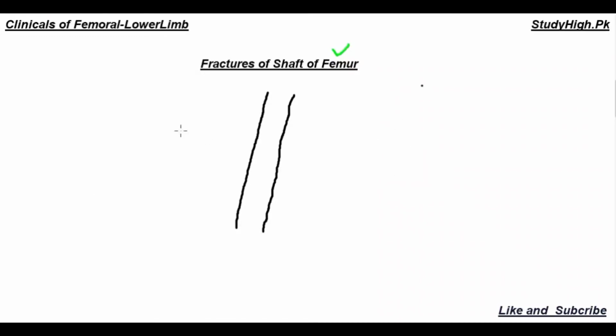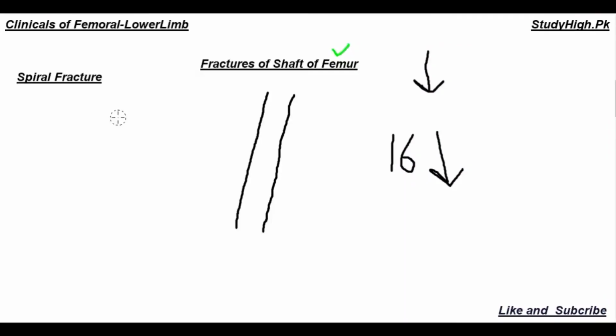So first of all, fractures of the shaft of the femur are very uncommon in adults. In children, in whom the process of growing and maturation of bones is still under way, like children below the age of 16, a fracture of the femur is possible due to trauma or direct hitting of the femoral shaft.